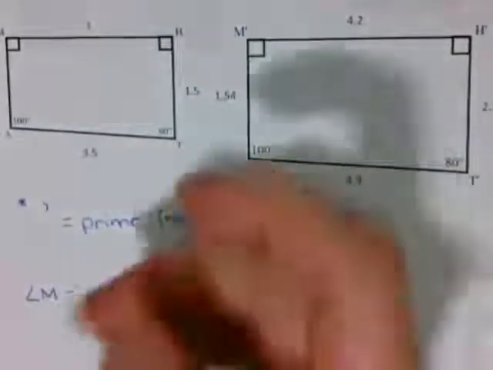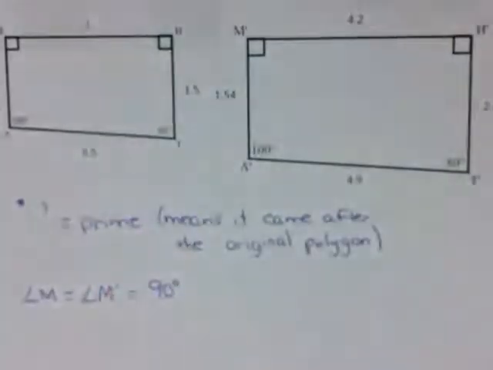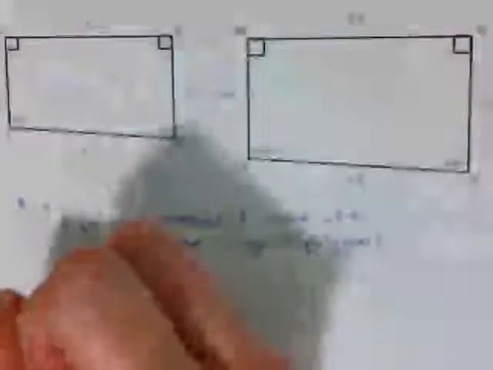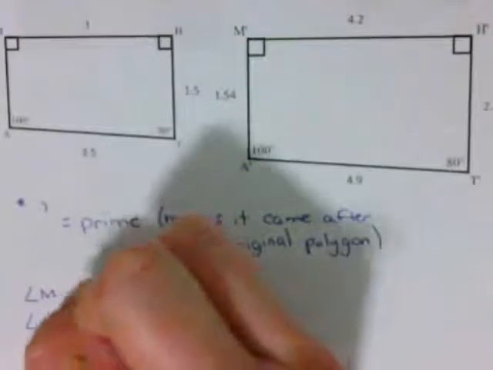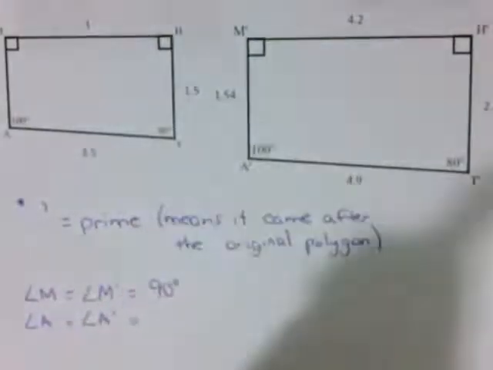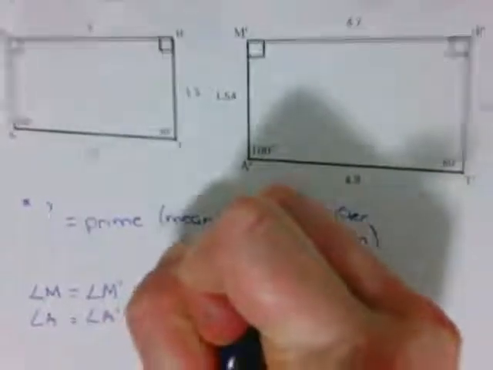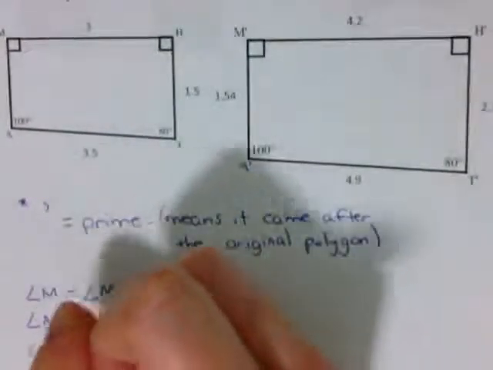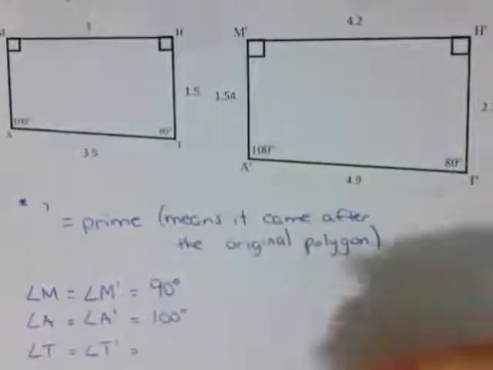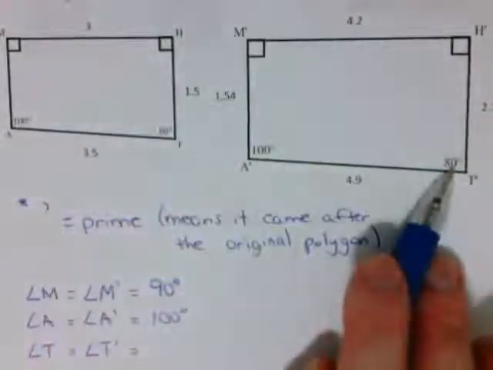Now, the next thing we're going to prove is angle A equals angle A prime, which are both sitting at 100 degrees. So that's good. Angle T equals angle T prime, and they're both sitting at 80 degrees.